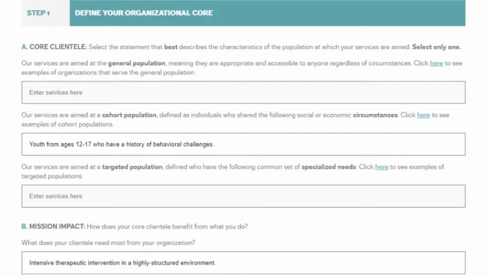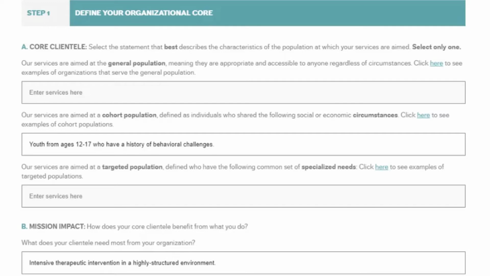If it's a cohort population, which we're defining as a group of individuals who have some common social or economic circumstances, examples of those would be low-income families, teen moms, unemployed adults, those kinds of things. So for this particular one with the OASIS, which is our model program for this demonstration, they are a residential youth behavioral services organization.